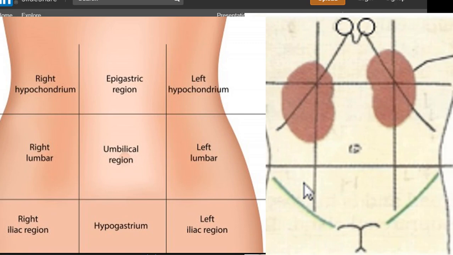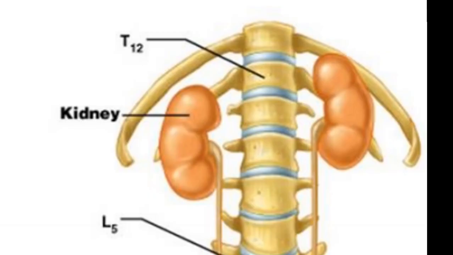Vertically, they extend from the upper border of the 12th thoracic vertebra to the center of the body of the 3rd lumbar vertebra. The right kidney, as I said, is slightly lower than the left, and the left kidney is a little nearer to the median plane than the right.